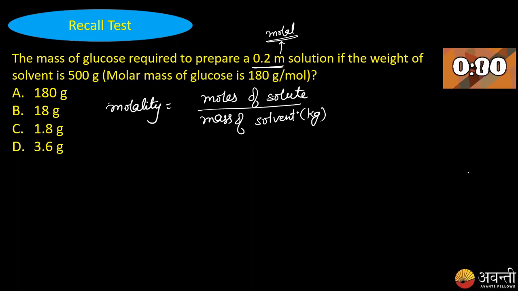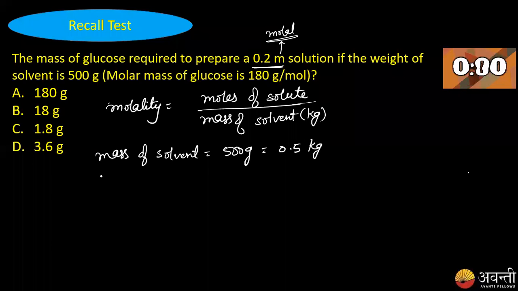In a kg. If the mass of solvent is not given in kg, it's given in gram, then we multiply by 1000. Here the mass of solvent is 500 gram, which can be written as 0.5 kg.